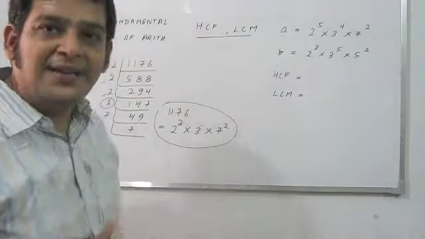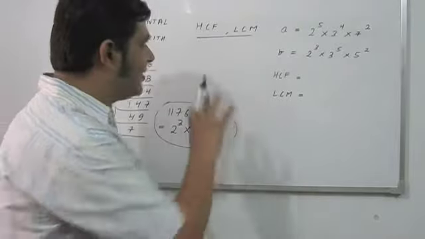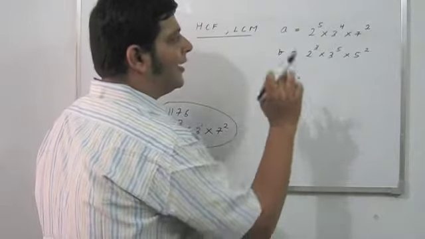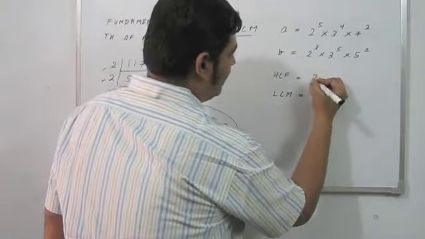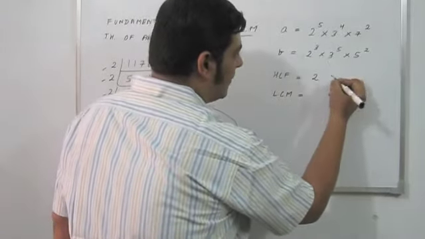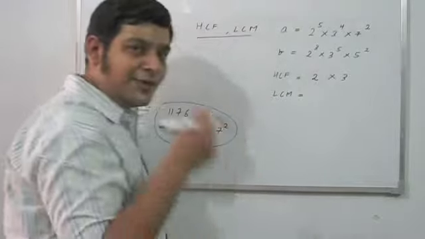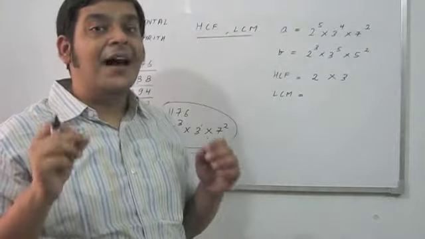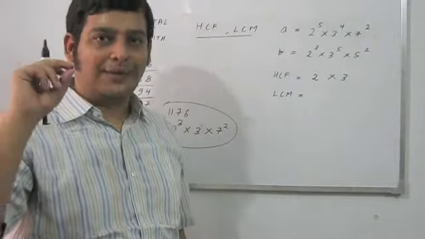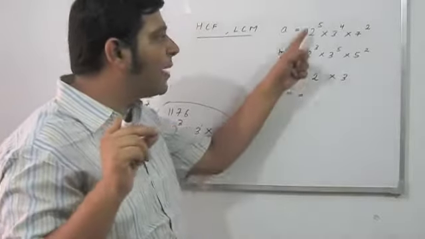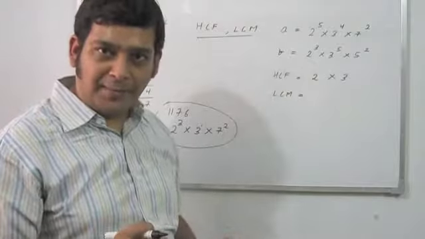So what will be the highest common factor? Simply speaking, first of all, I need to look at what are the primes which are common. 2 is there in both of them, 3 is also there in both of them, and that is it. Now, I look at the lowest power which is there in both the numbers.